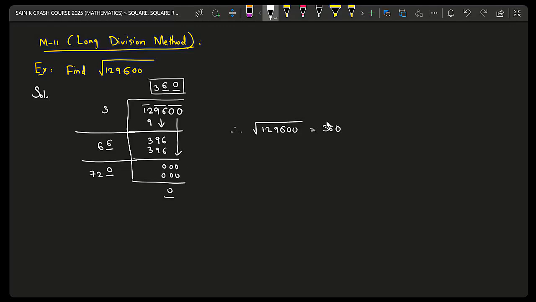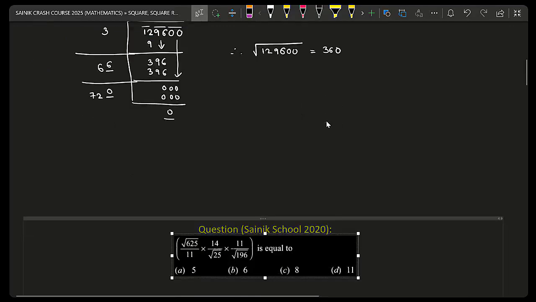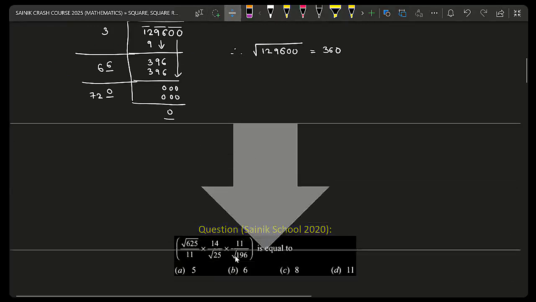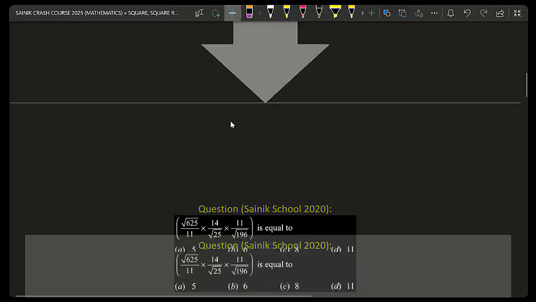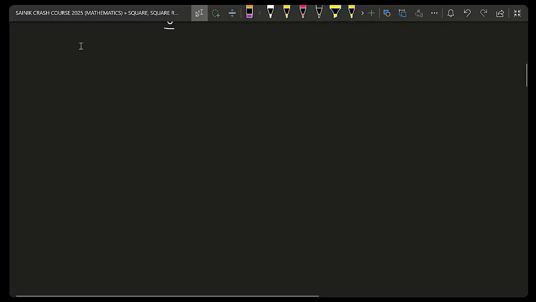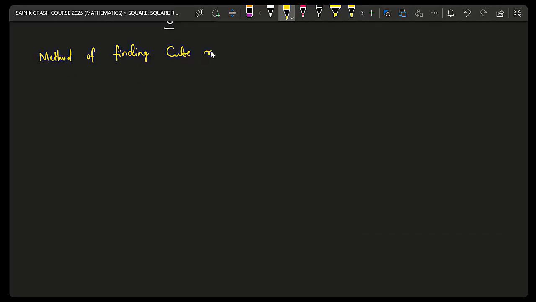Even the prime factorization method can be used for finding cube root also. Let's take an example for that. How to find the cube root of a number using the prime factorization method. Next, let us find the cube root of a number using prime factorization. Method of finding cube root. So we take a question.